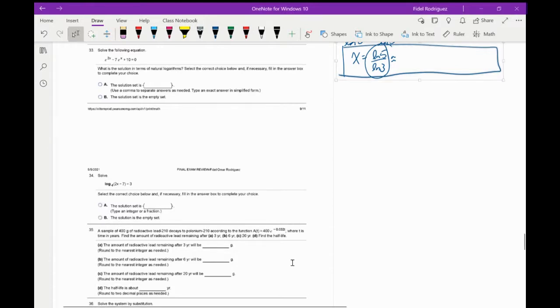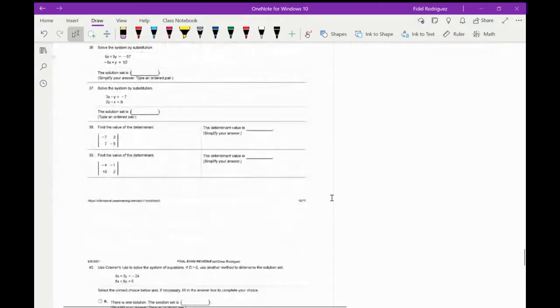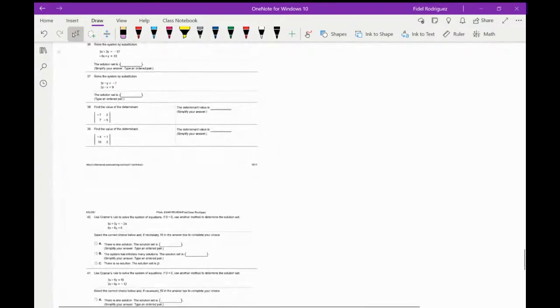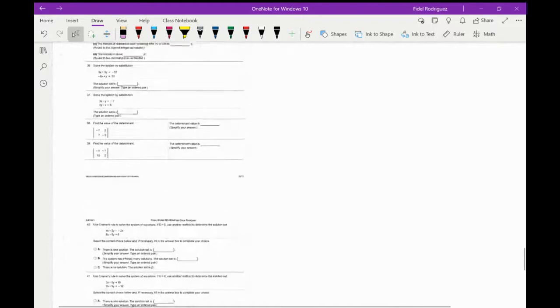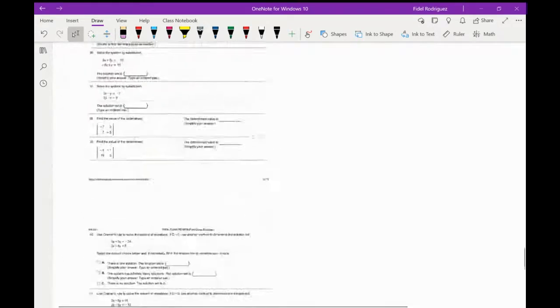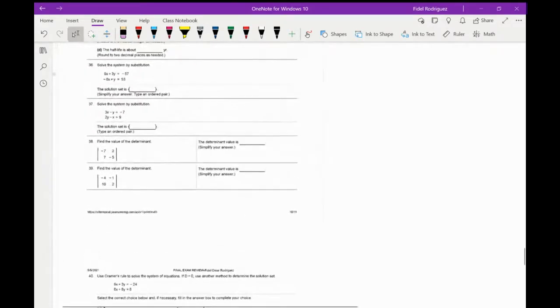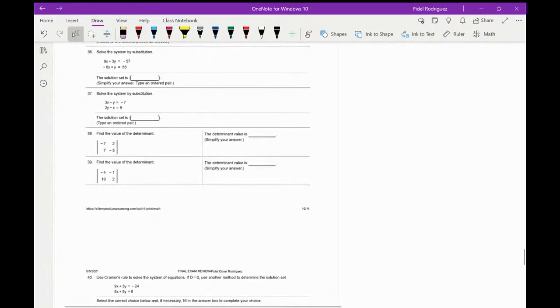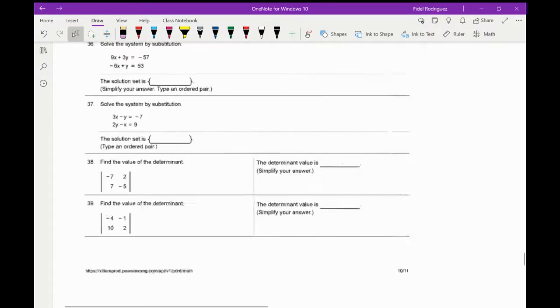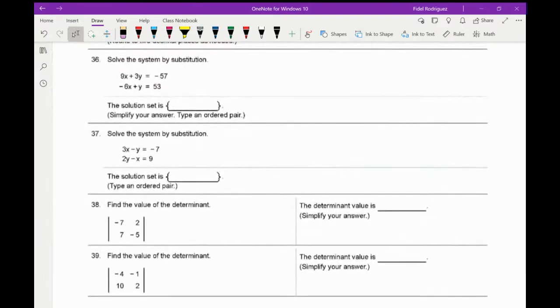Okay, let me keep scrolling then. So I'll tell you what, let's do it like this. Anybody have any questions on 36, 37, 38, or 39? Anybody have questions about these?